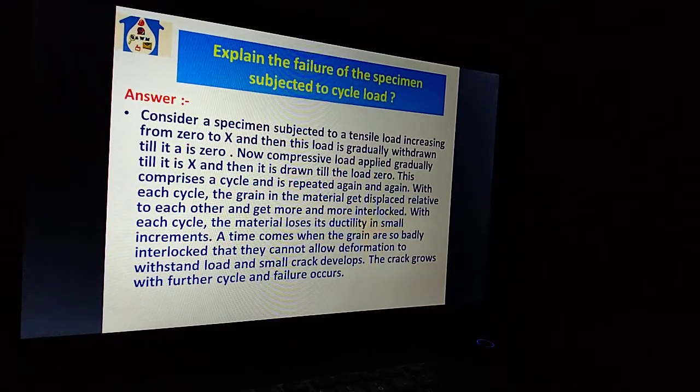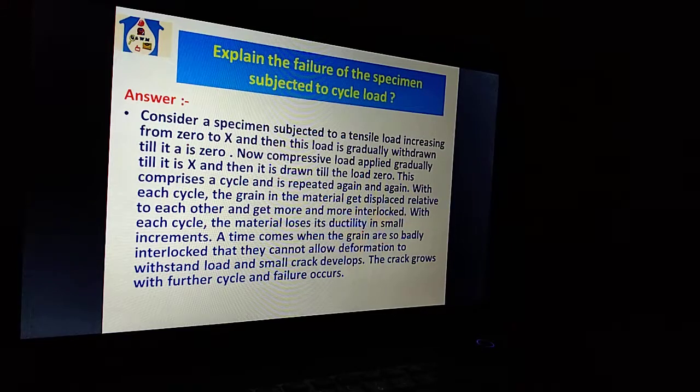Explain the failure of a specimen subject to cyclic load. Answer: Consider a specimen subject to a tensile load increasing from 0 to X, and then this load is gradually withdrawn till it is 0.